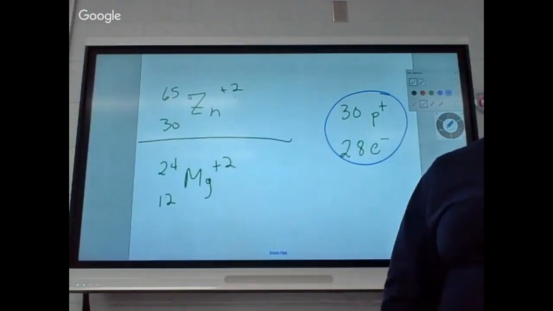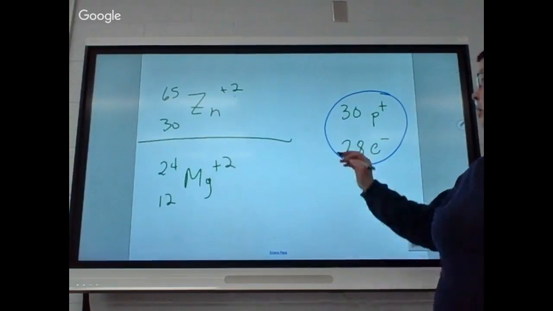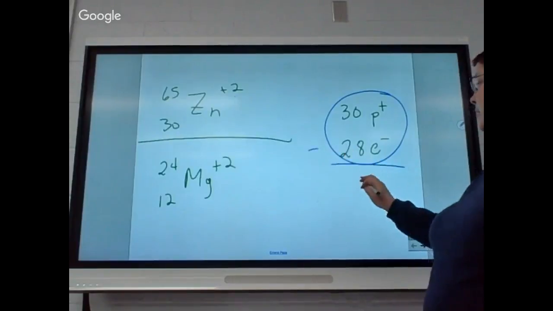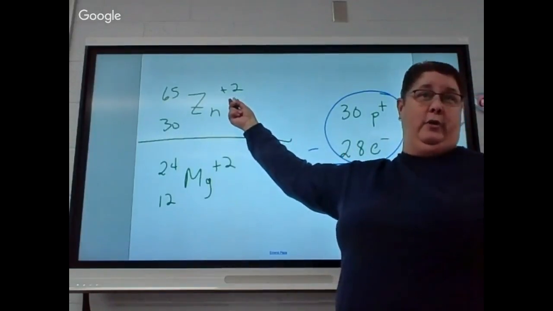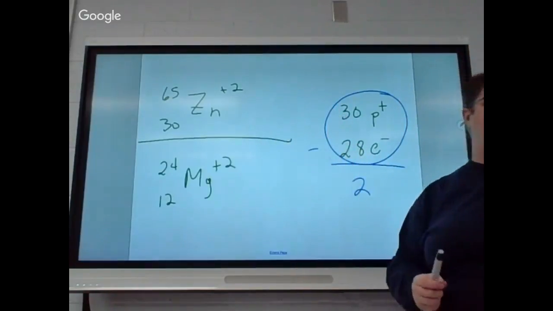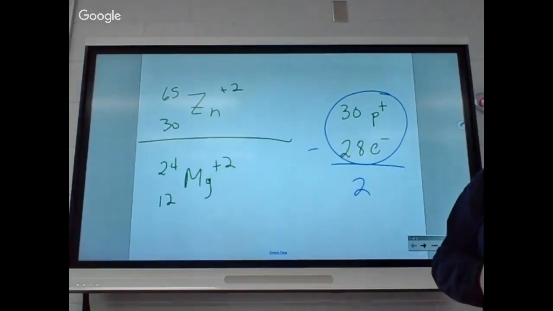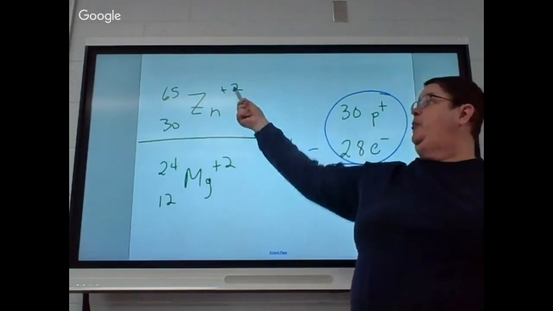Now, because they're different, you're going to subtract these two numbers to find the charge. So when you subtract, you get a 2. So that's what tells you the charge here is going to be a 2. Now, which is bigger, the protons or the electrons? All right, so what charge do protons have, positive or negative? That's why we put a plus there.